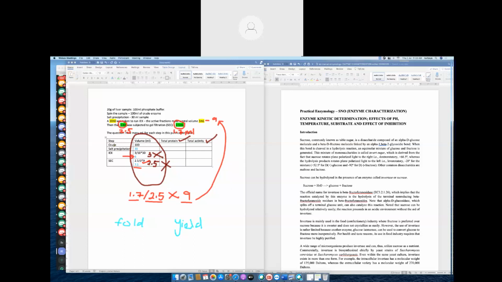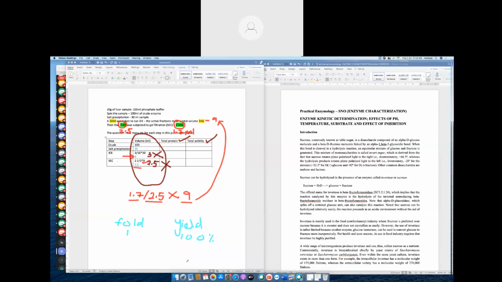From the first step, the crude, of course the yield will be 100%. After each step, this one is going to be one fold for the crude. But when we proceed to the last step, for example the size exclusion chromatography step, what is the yield?